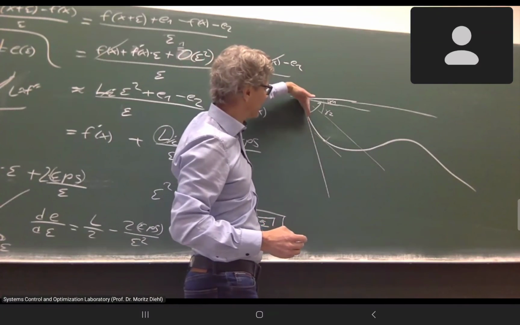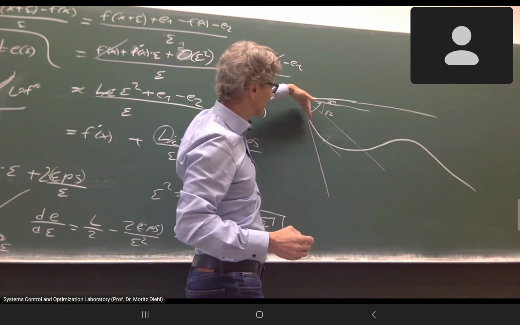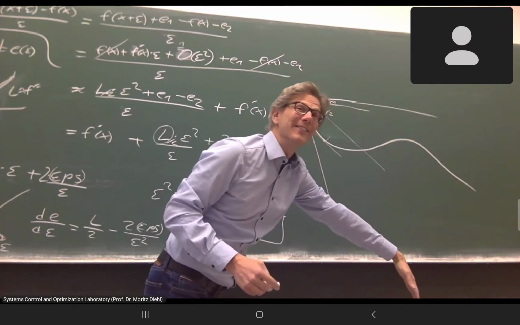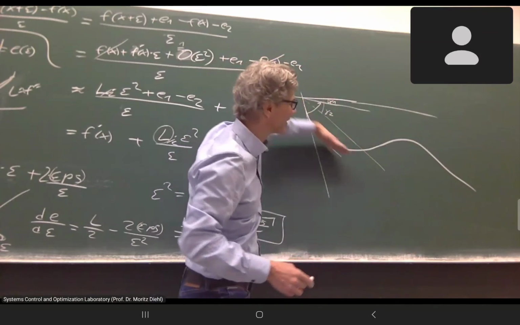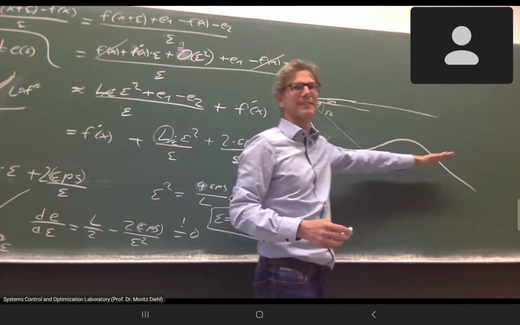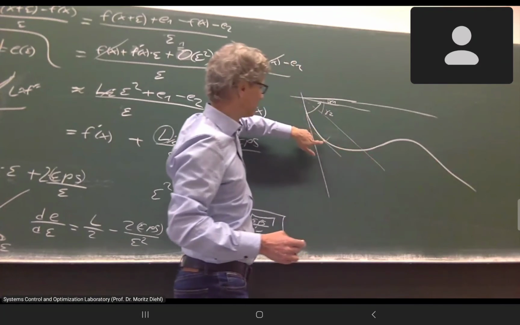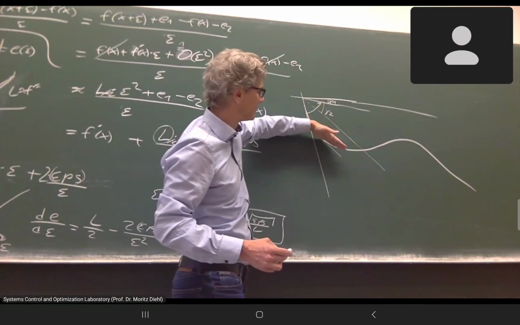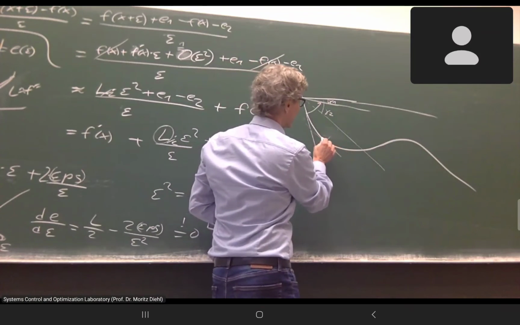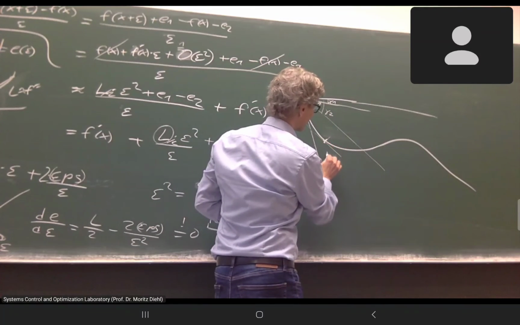And I know my original function has a slope that's going down, right? So at some point, if it doesn't go really to infinity down, which I have to assume, at some point it must go upwards, right? And that means at some point I will have a bit bigger slope. So from here on, after this point, I will have the second condition satisfied, right?